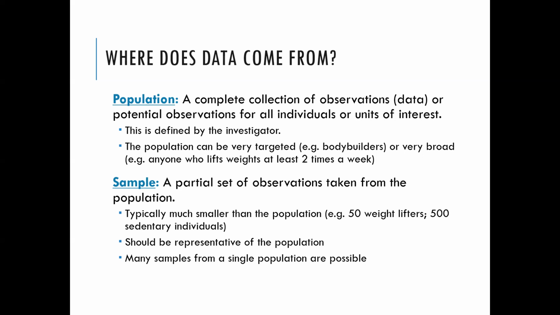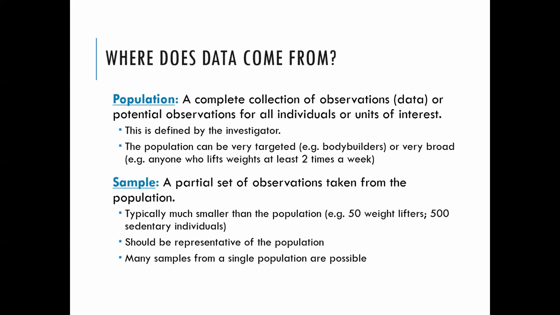For example, we might be interested in competitive bodybuilders, or it can be very broad, so we can define our population as anyone who lifts weights at least 2 times a week. A sample, on the other hand, is a partial set of observations taken from that population. By and large, most of the studies we do are on samples of a population of interest. They're typically much smaller than the population.